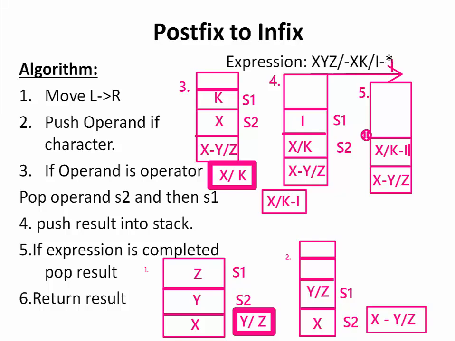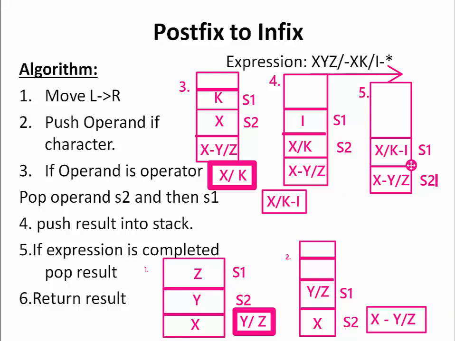After minus was encountered, the last operator is star. Here it is the value of S1 and here it is the value of S2. Star is an operator which we have encountered, so we need to pop all the values.